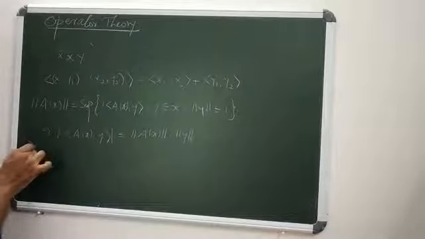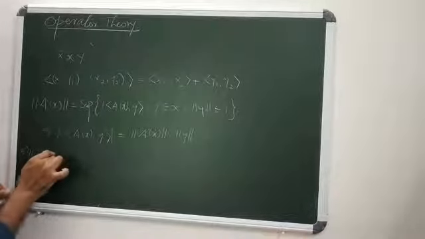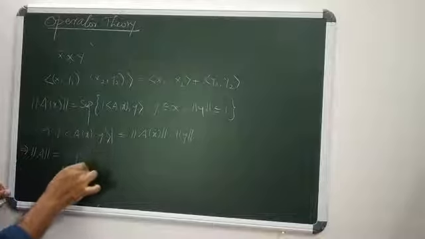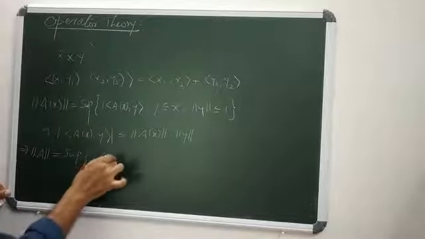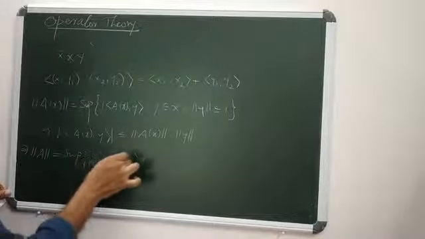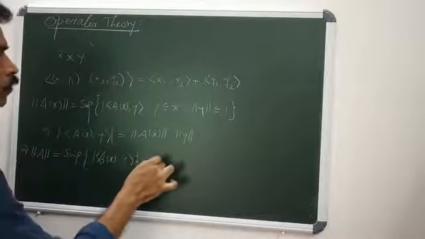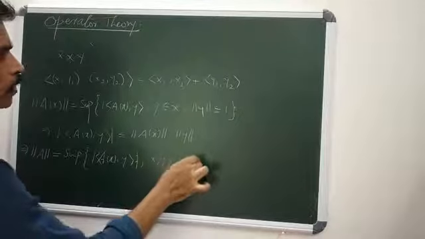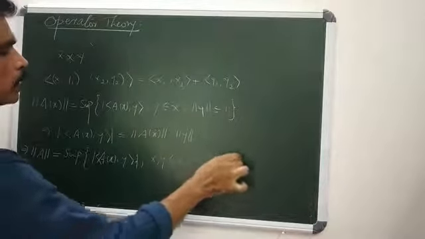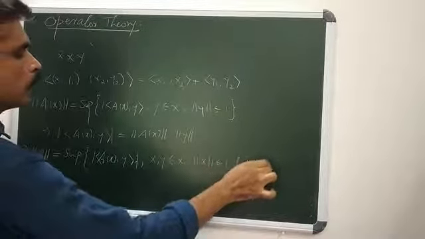So this implies, what is norm A? Thus norm A equals the supremum of the modulus of inner product Ax, y for all x, y in X with norm x less than or equal to 1 and norm y less than or equal to 1.